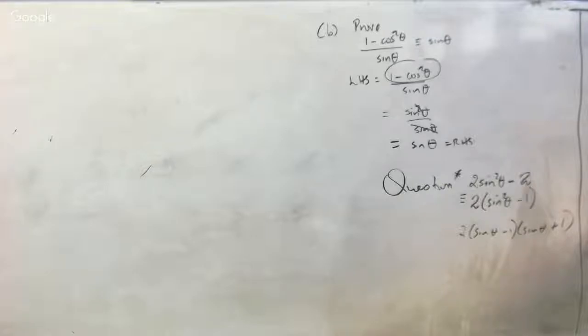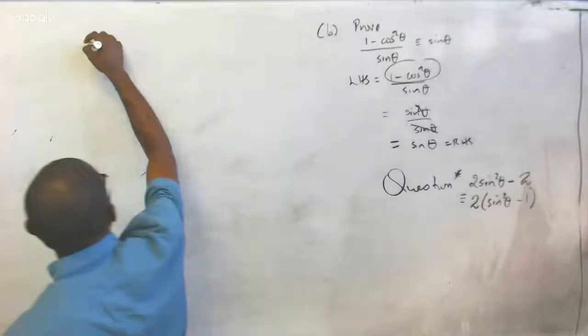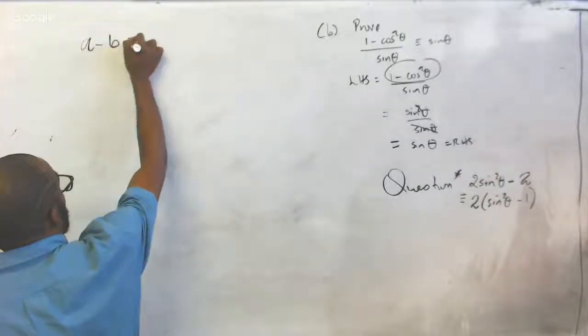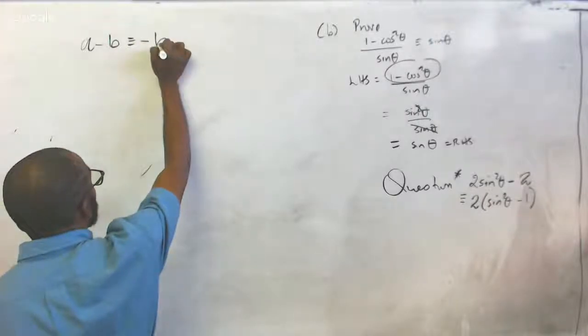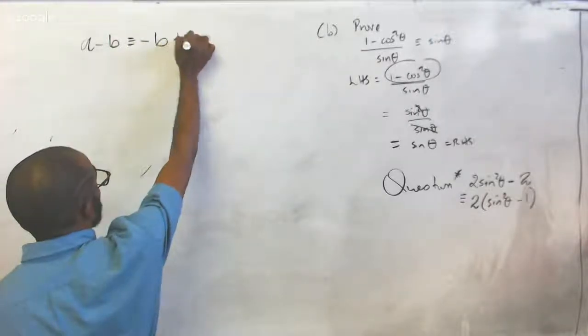Clear? So what I want you to start recognizing is that you don't need to say 1 minus sine squared. What you need to see is that you see a 1 and a sine squared, and both of them have different signs. If that's the case, then you have to remember that a minus b is equal to, be careful, minus b plus a.